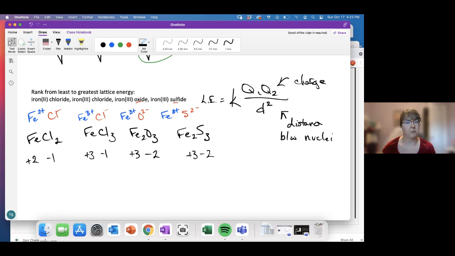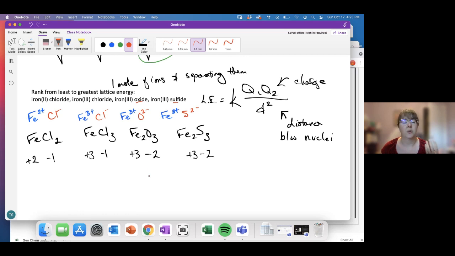And that's all the formula really cares about. So I do not care how many of each one I have, because technically with lattice energy, we are taking 1 mole of ions and separating them. So I don't care what kind of ratios they're in, aside from if it helps me figure out what their charges are. Charge is all I care about right now.